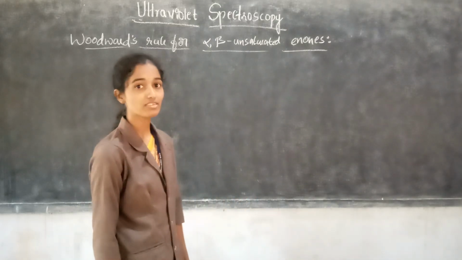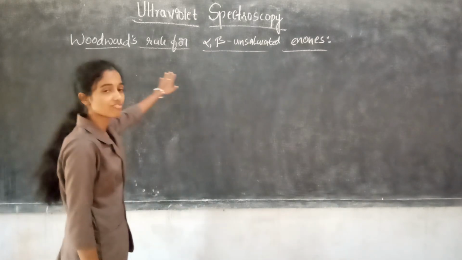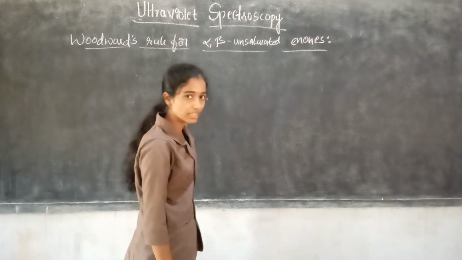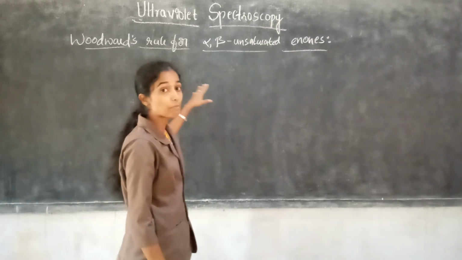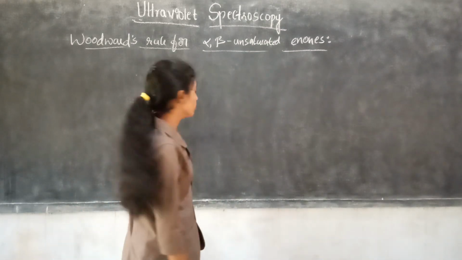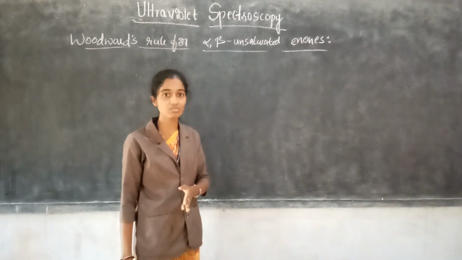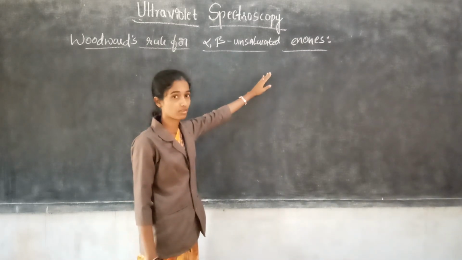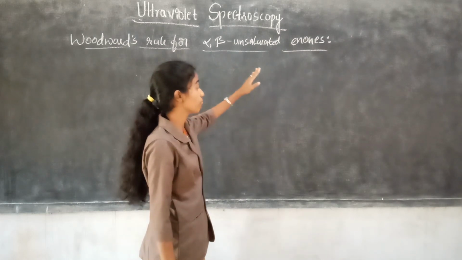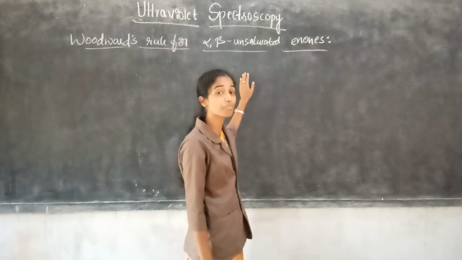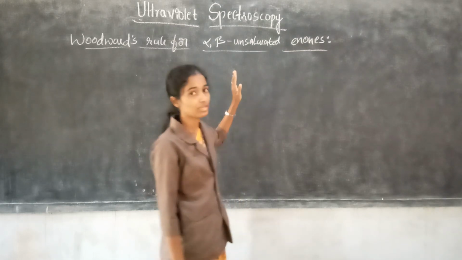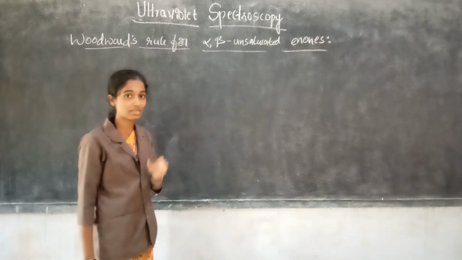In the last class, we studied Woodward's rule for alpha, beta unsaturated enones. We studied the empirical rules given by Woodward to calculate absorption maxima in case of enones, that is, for the pi to pi star transition.